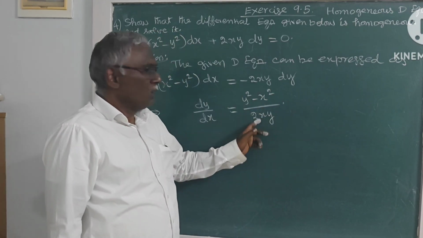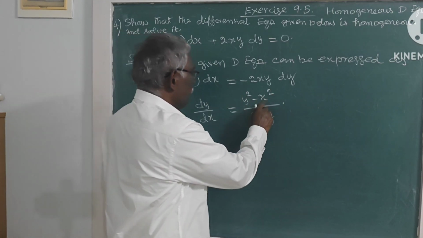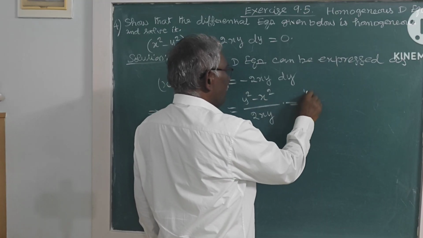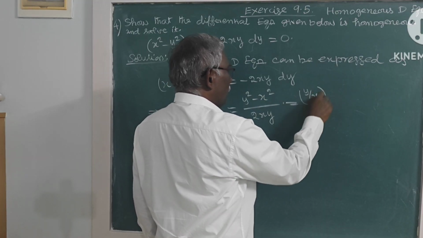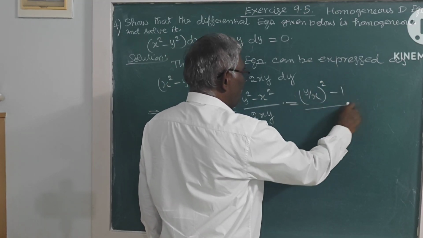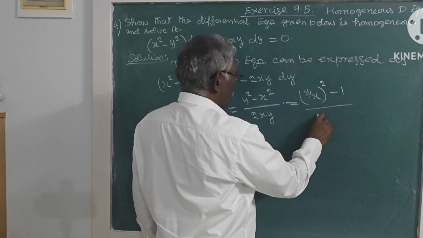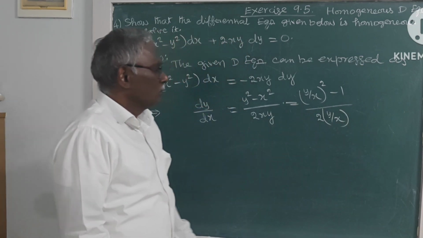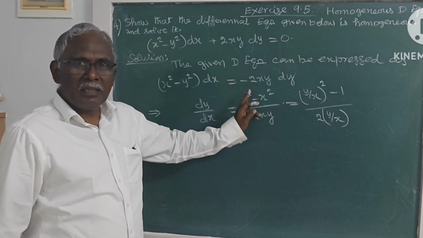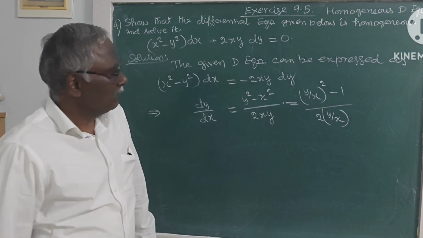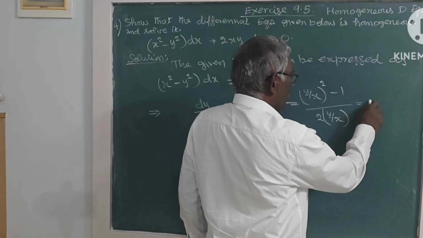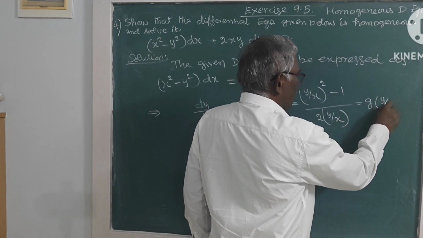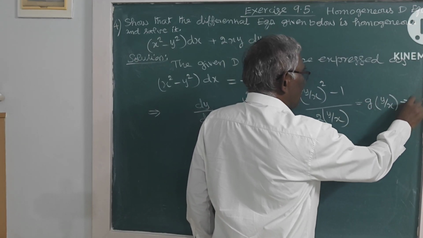We'll divide numerator and denominator by x square. So this will be y by x whole square minus 1 by 2 times y by x. On dividing numerator and denominator by x square, this is of the form g of y by x. We call this equation 1.